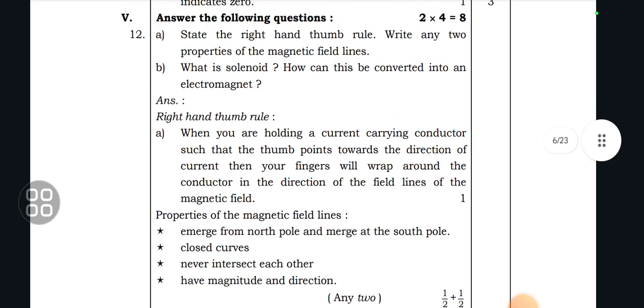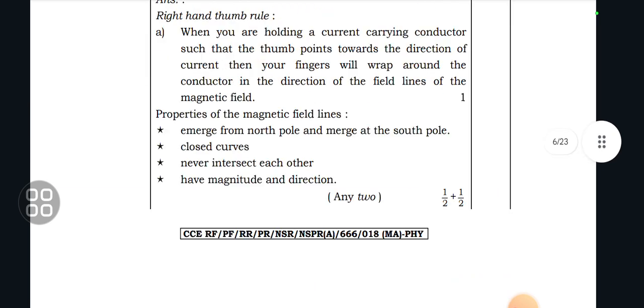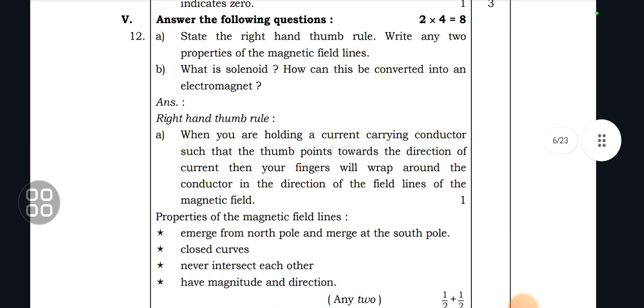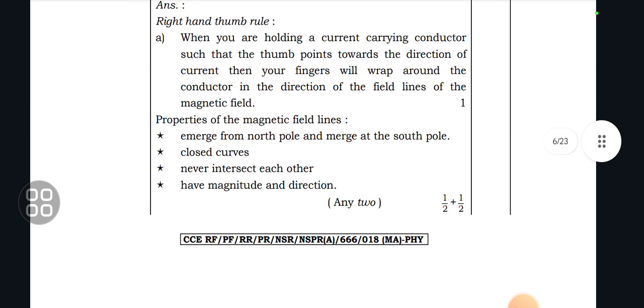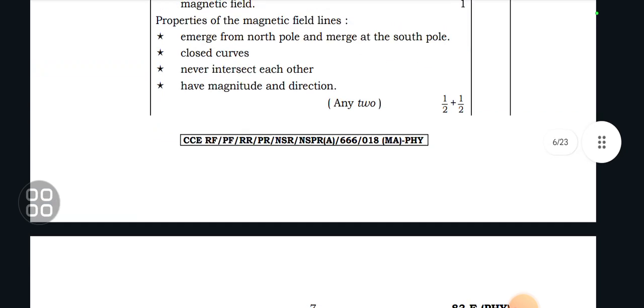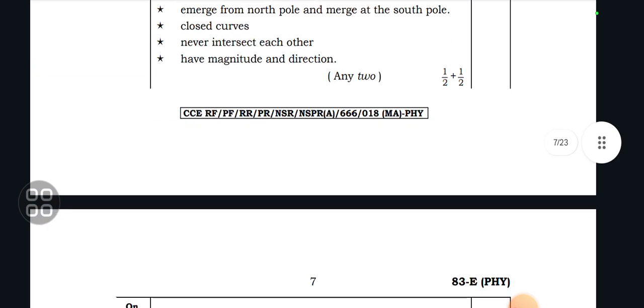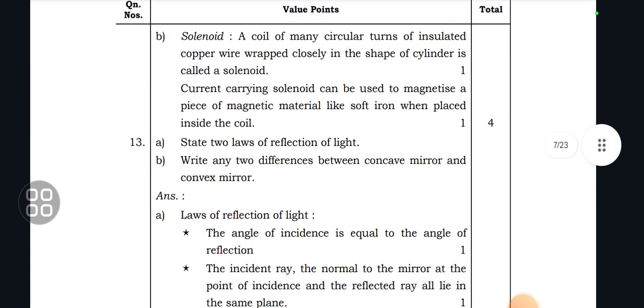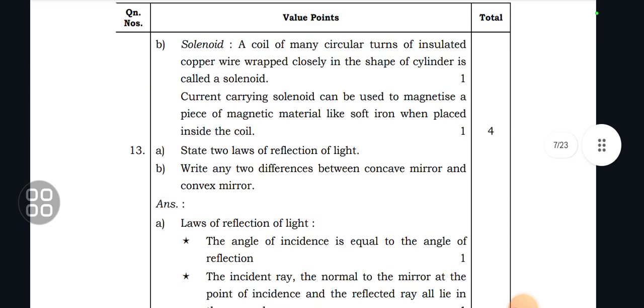Right thumb rule on all this question. This question has been asked for 4 marks, 2 questions, total 8 marks. See the answers. Here it is solenoid.